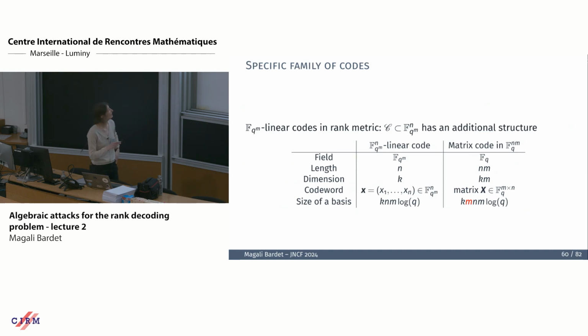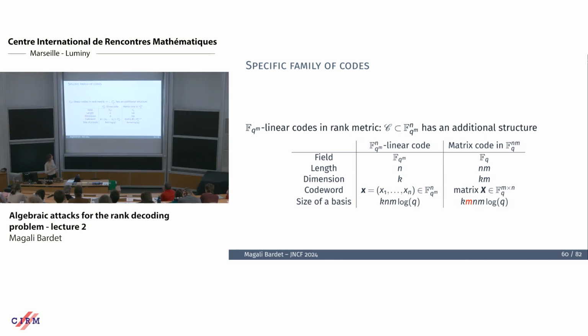So why is it? Because if you have equivalent codes, for matrix codes, the coefficients are in Fq, so the size to store a coefficient is log q, and here it's m log q.